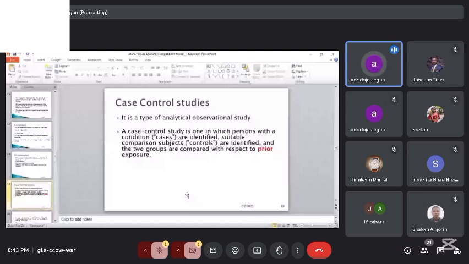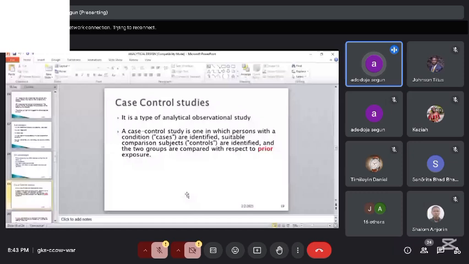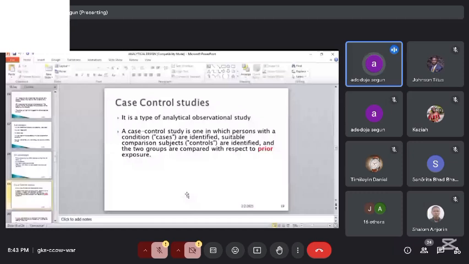It's not cohort. The researchers select people who have developed the disease of interest, as part of the selection for a case control study.